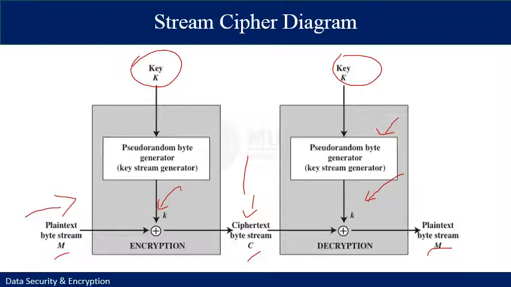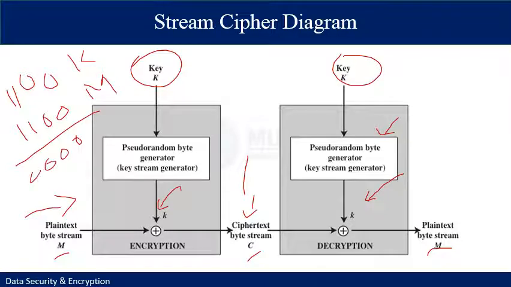For example, if the next byte generated by the key stream generator is 1100, in this case we take only 4 bits, and the plain text is the same as the key, so key is referred to as K and plain text as M. If you perform the bitwise exclusive OR, the final result will be 0 because all the bits are the same.